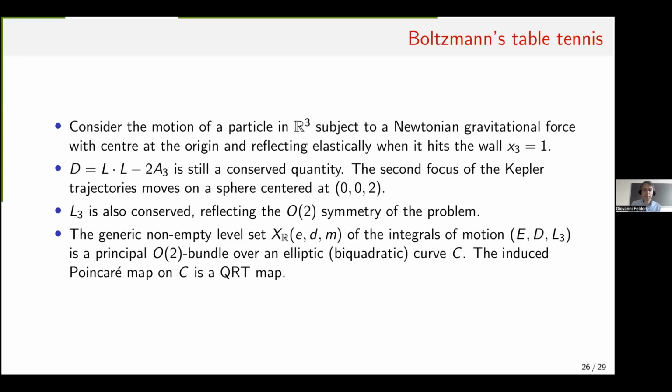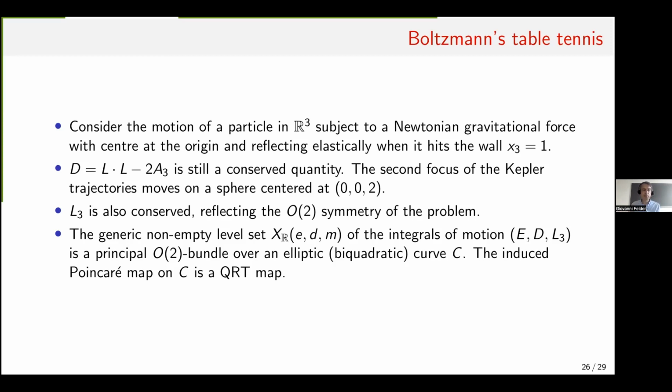And now it turns out that the generic non-empty level set of the integrals of motion is a principal O2 bundle. There may be some bad values of E, D and L, but if you take them generically, then the action of O2 is free, and you have a principal O2 bundle.